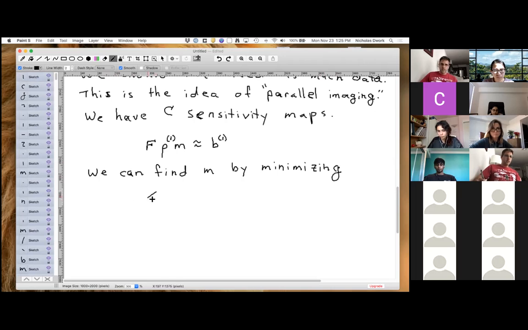We're going to sum over all the coils the discrete Fourier transform times the sensitivity map of the coil times M minus the actual data we have. And we're going to take the L2 norm of that squared.